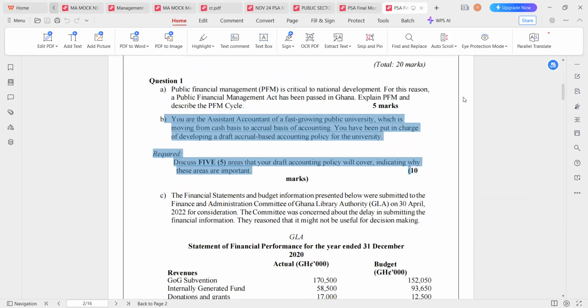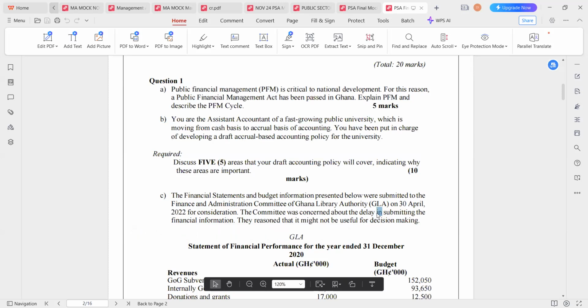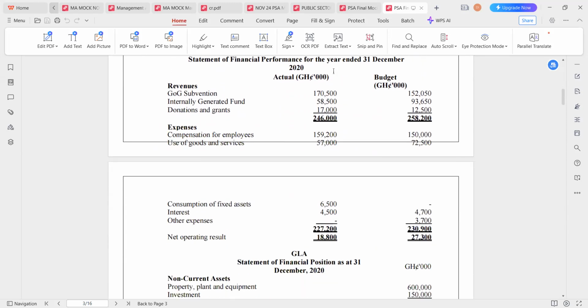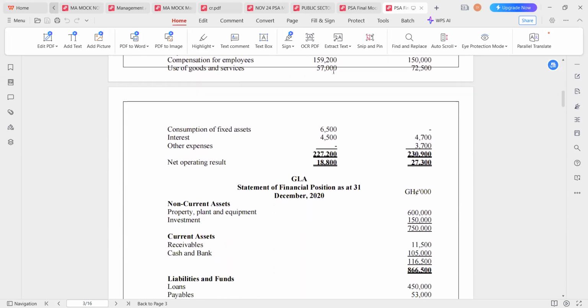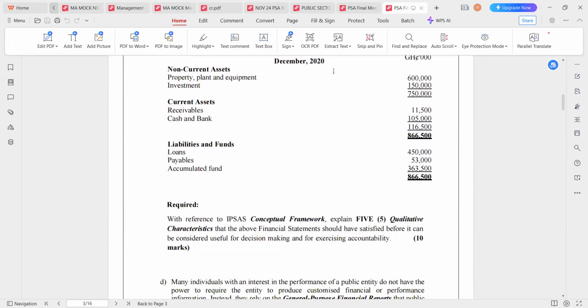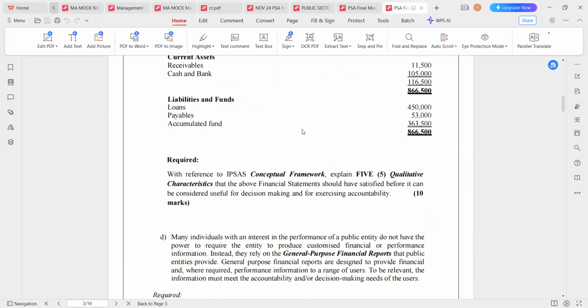So you can decide to jump it. It's theory. Don't bring out your calculator. Then this one is the qualitative characteristics of financial statements, the quality of a financial statement. That's all.